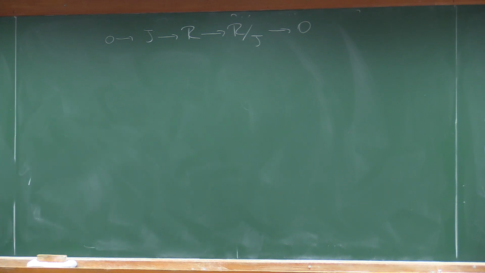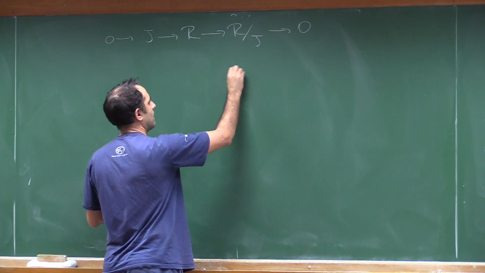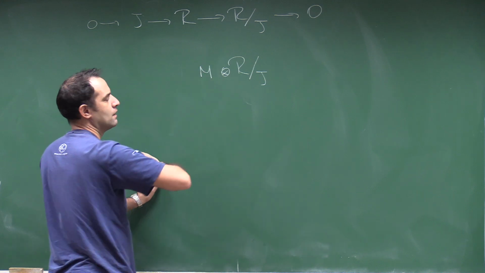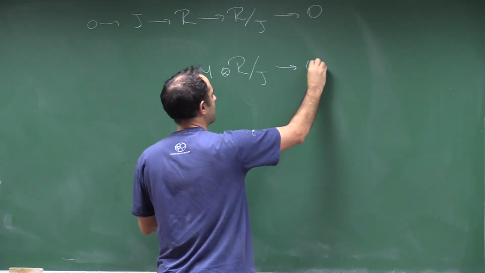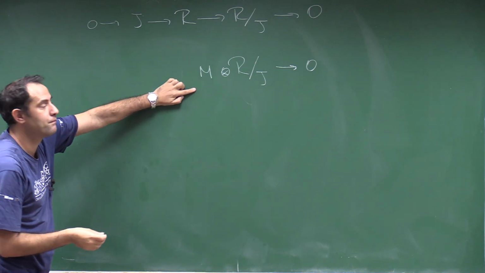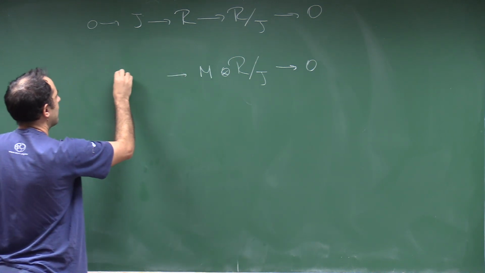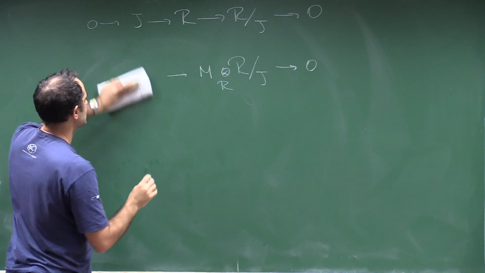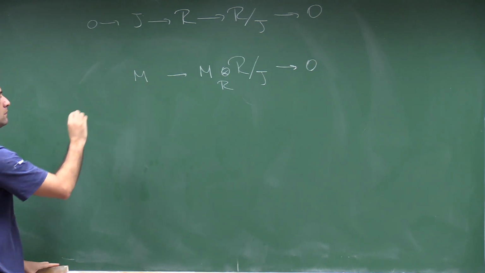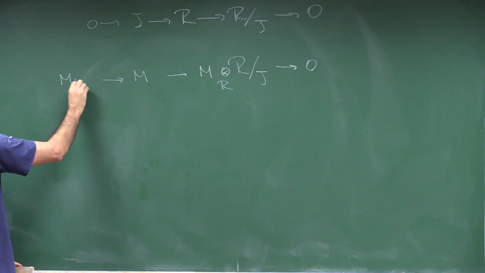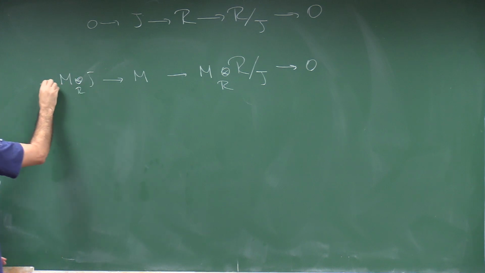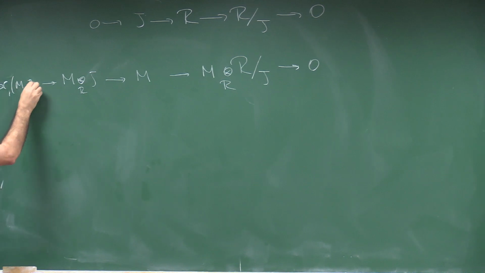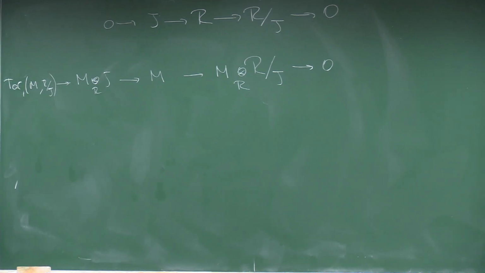And now just tensor that sequence with your module M. So I'm going to tensor this sequence by M, all over R. Here I'm going to get M again. Here I'm going to get M tensor over R with the ideal. And here I'm going to get Tor_1 of M and R/J. That sequence is exact.